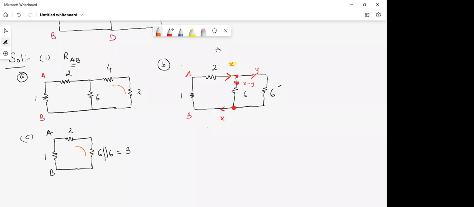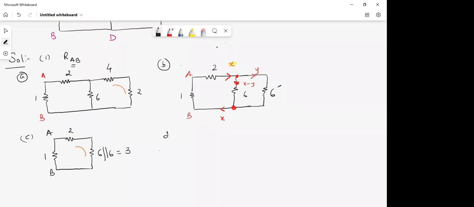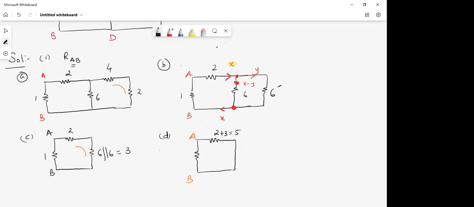Our step D will be 2 plus 3, 5, because they are in series.